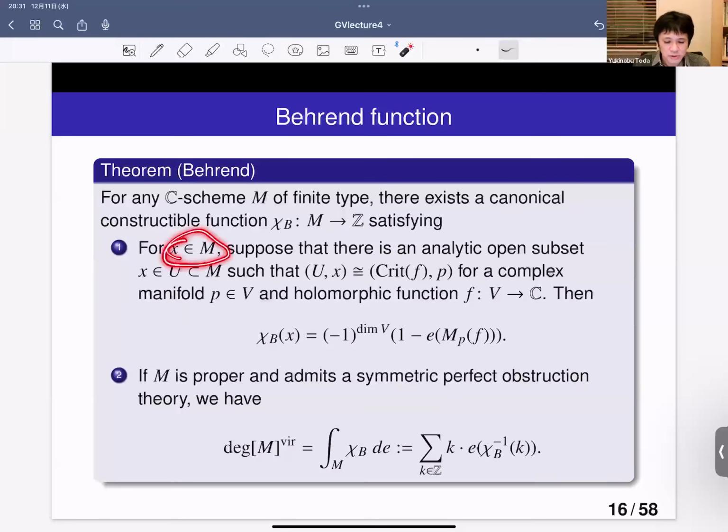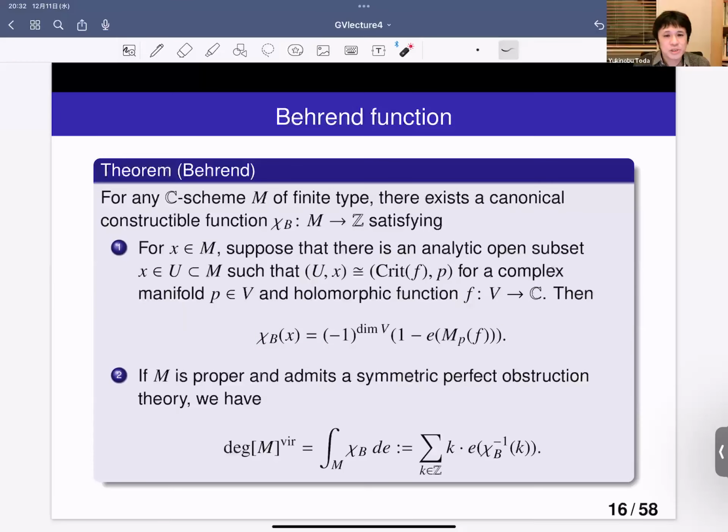For a point x, let's assume that there is some analytic open subset such that M is given by the critical locus for some function f on some complex manifold V. Then in this case, this Behrend function is given by the Euler number of the Milnor fiber of f. Given this function f, there is a so-called Milnor fiber, something like a nearby fiber of this function f. Then using this Milnor fiber, the Behrend function is described in this way.